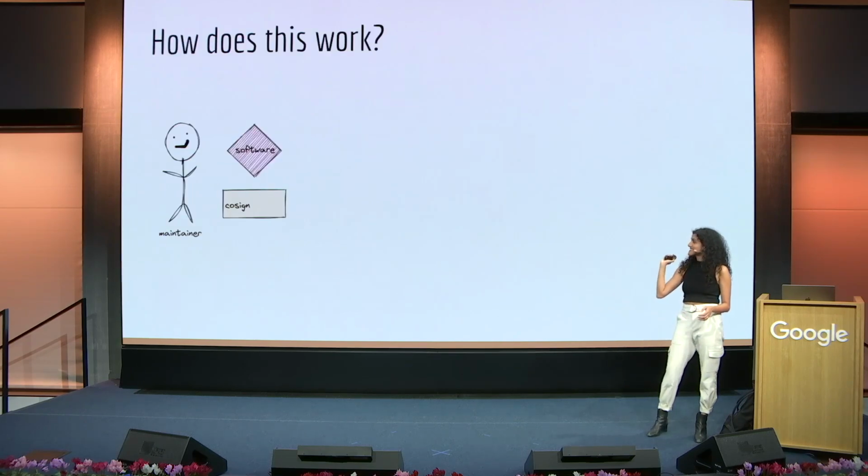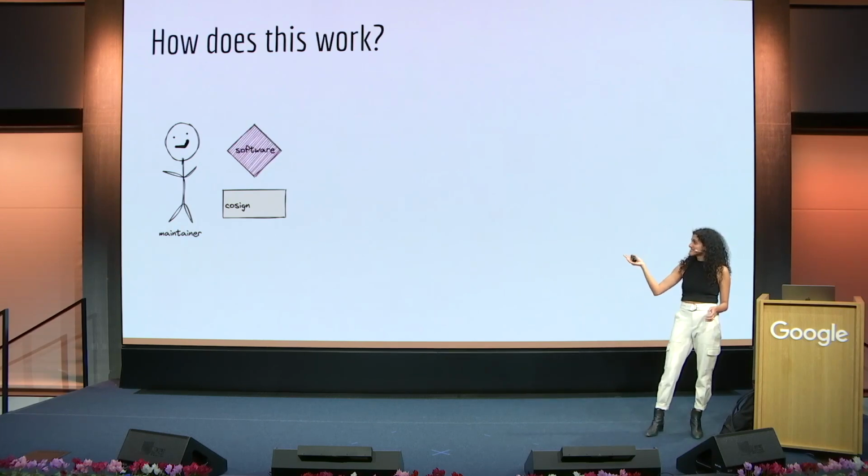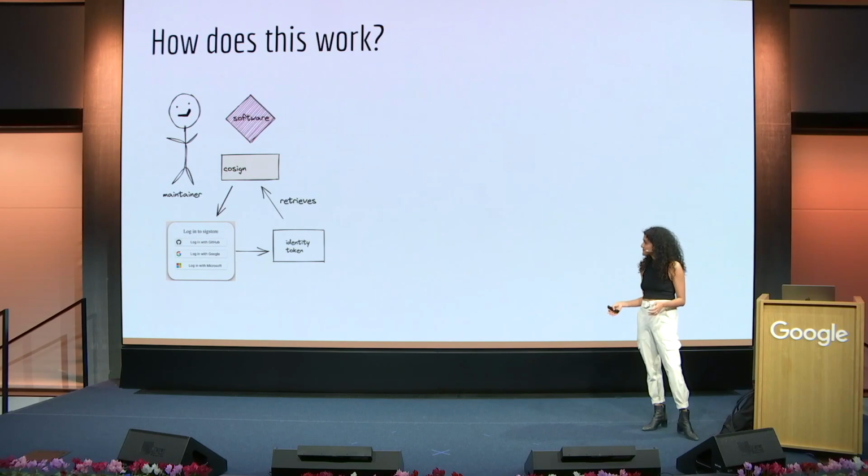So how does this work? Excuse my poor drawing skills, but we have a maintainer on the side, and all they need to sign their piece of software is the cosign CLI tool. What this maintainer is going to do is run the cosign sign command and then pass in that piece of software. It could, for example, be a container image.